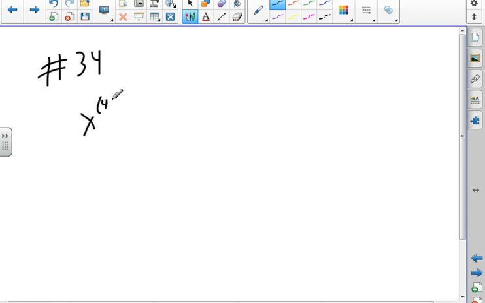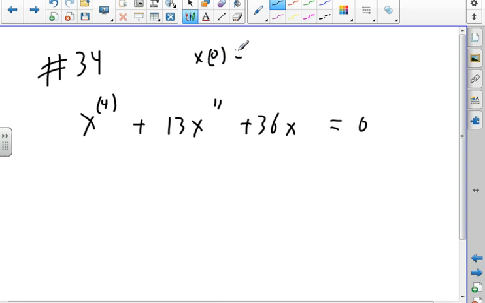x to the 4th power plus 13x double prime plus 36x is 0. x at 0, x prime at 0, x double prime at 0, 0. No, x at 0, x double prime at 0, 0.